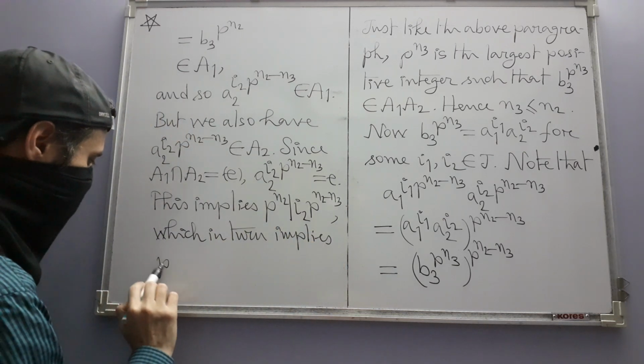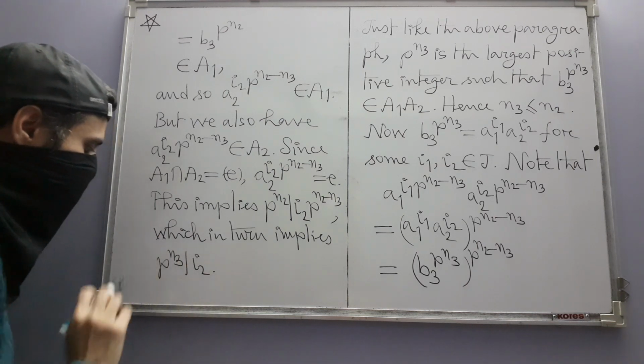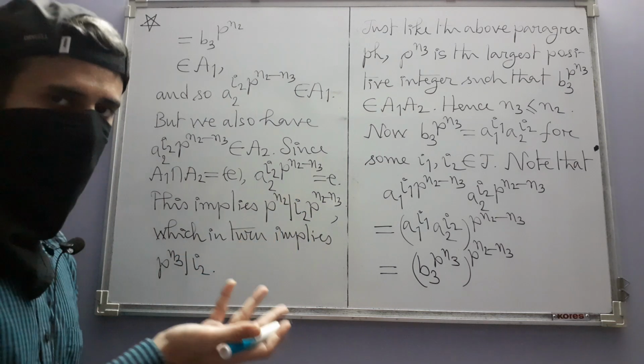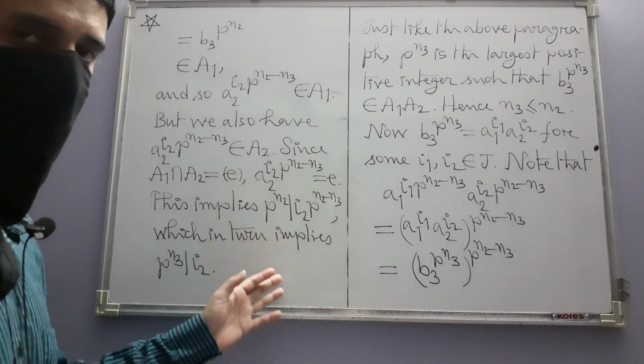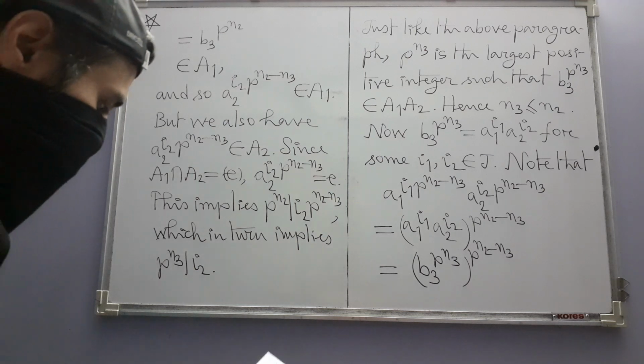P to the power N3 divides I2. Okay, how exactly, we have already seen one such example in the previous video. So I'm not going to elaborate on that. Okay, so we do get this.